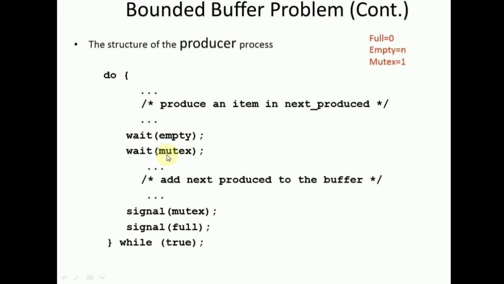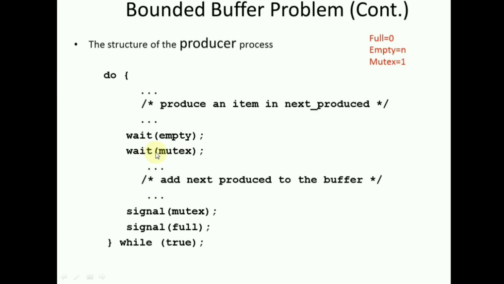The producer process also calls wait on mutex, which ensures that only the producer process is acting on the buffer and no other process is allowed to act on the buffer.